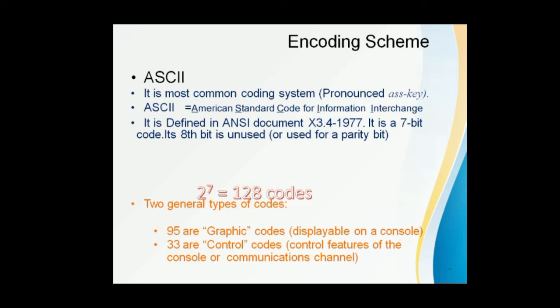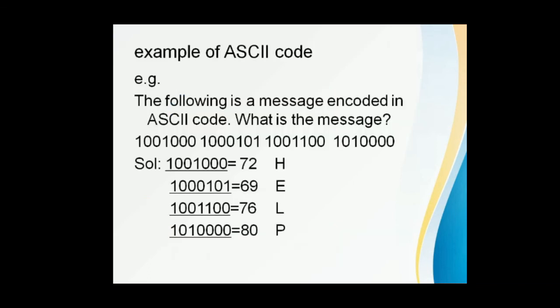Now we will discuss an example. Suppose the message is 1001000 1000101 1001100. 1001000 is equal to 72, which is equal to capital H. 1000101 is equal to 69, which is E. 1001100 is 76.